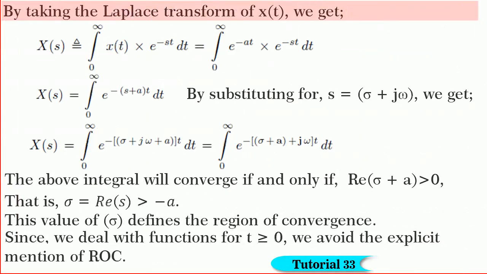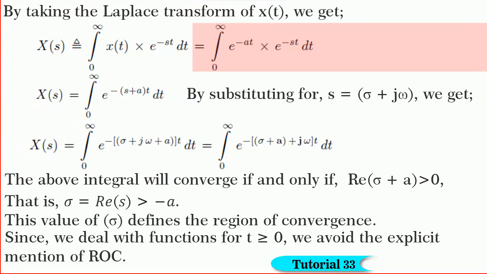By taking the Laplace transforms, we can write capital X of s by definition is equal to integration 0 to infinity x of t into e to the power of minus st dt, and that is equal to integration from 0 to infinity e to the power of minus at into e to the power of minus st dt, and we get integration 0 to infinity e to the power of minus into bracket s plus a into t into dt.